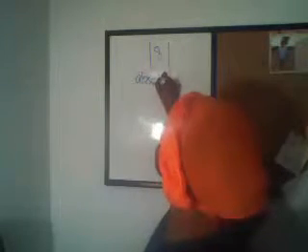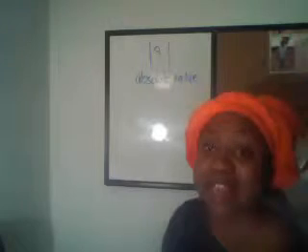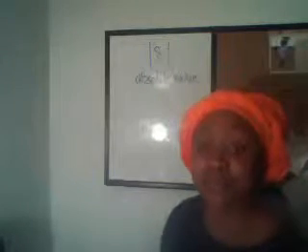Whenever you see something that looks like this, with a number in the middle, I can put the number 8. These lines mean absolute value. And absolute value is how far the number is from 0.